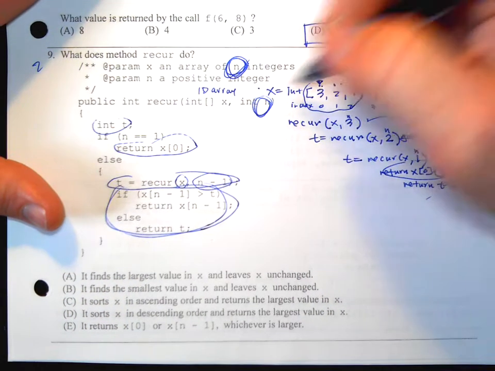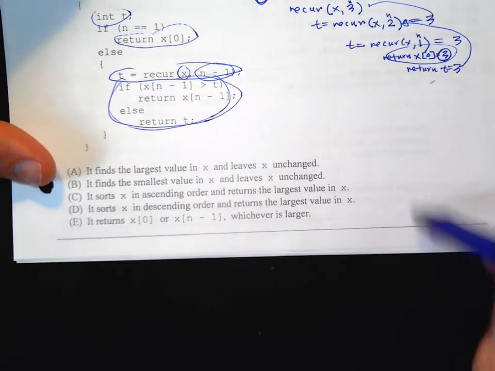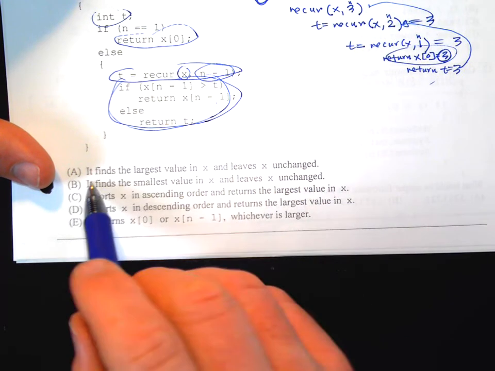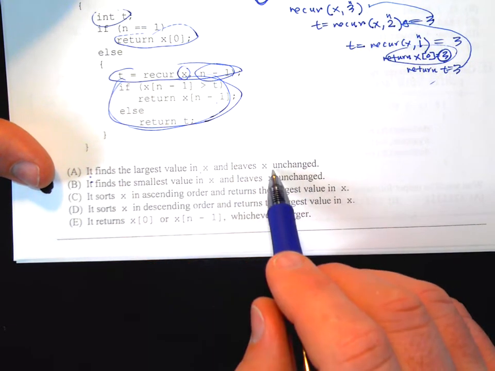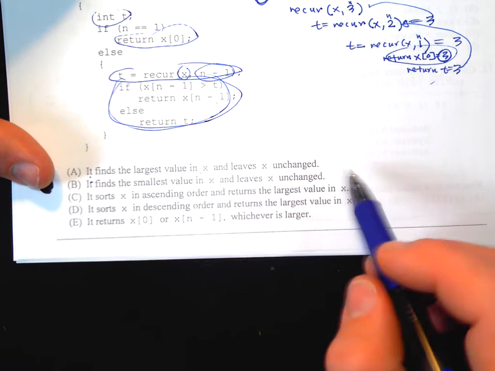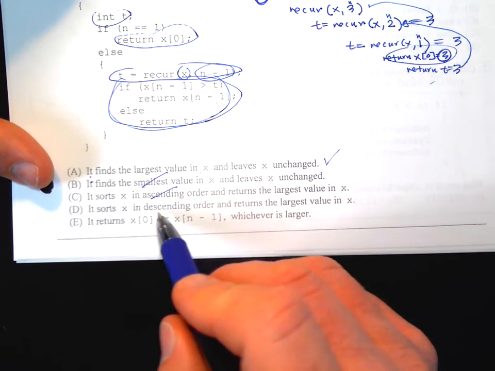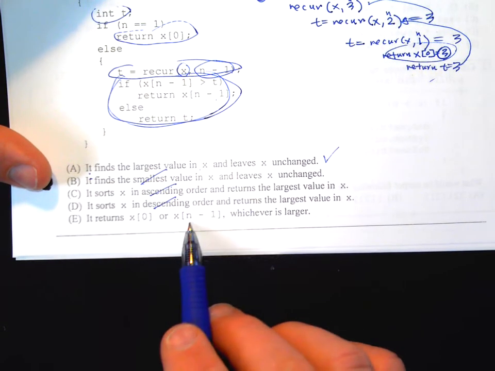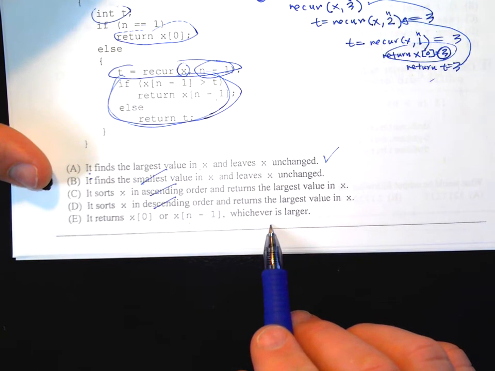So it's going to look through the whole array, and I think it's looking for the largest thing because it keeps comparing to the previous thing and updating it. So it finds the largest value in x and leaves x unchanged, it doesn't change any values in it. So I think that might be it. It doesn't look for the smallest. It's not sorting it. It returns x0 or xn minus 1, whichever is larger. No, I think it looks through the whole thing. It's just looking for the largest one.